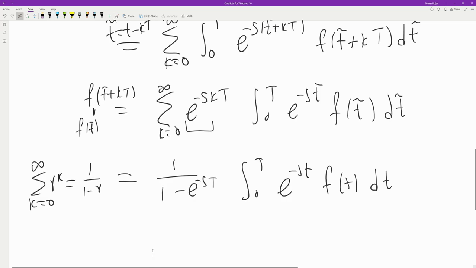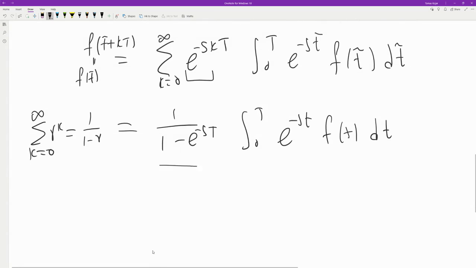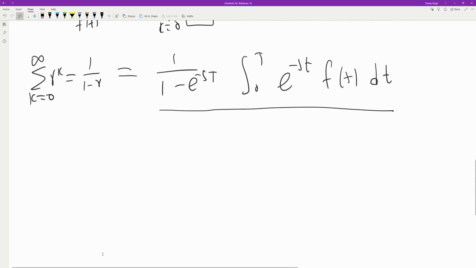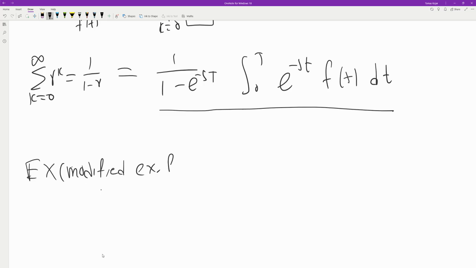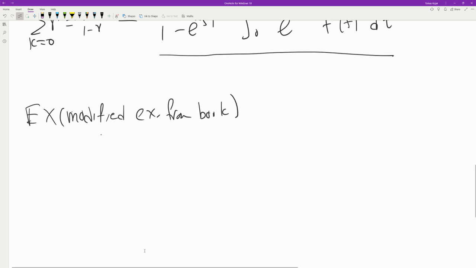So this is the Laplace transform of any periodic function. Okay. So I took the example from the book and modified it. So let's do that.